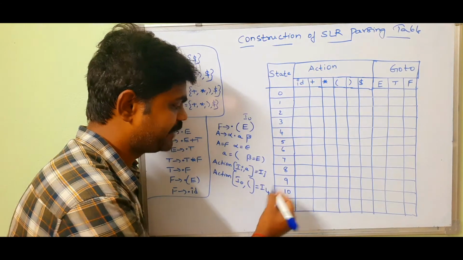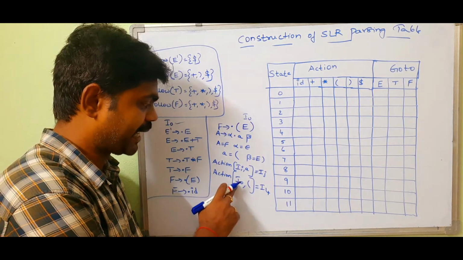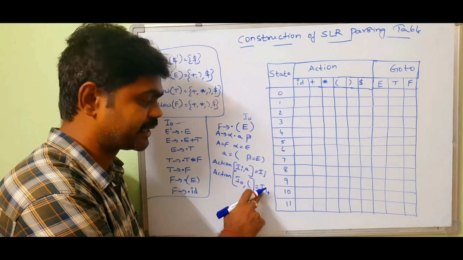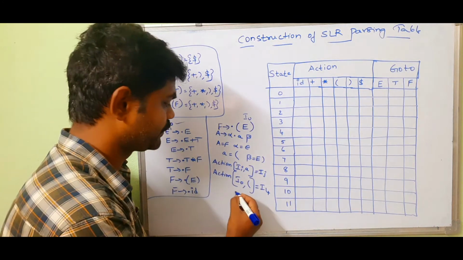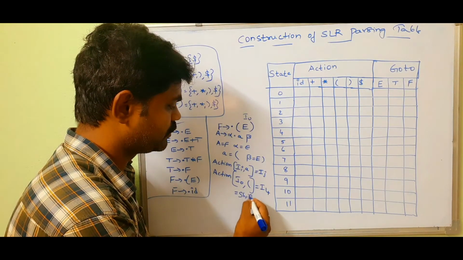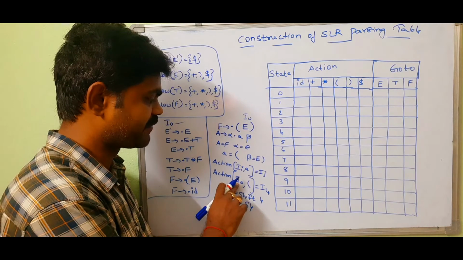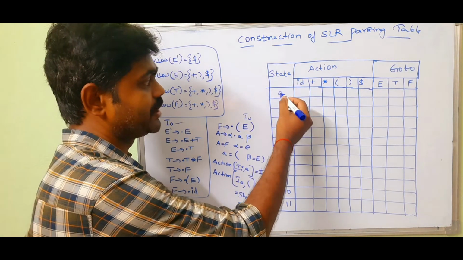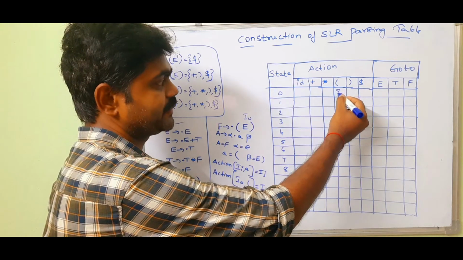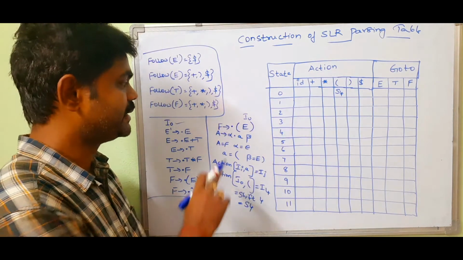That means we need to shift, shift 4. So in the place of I naught comma open parenthesis we will write S4. S is nothing but shift. So this is over.